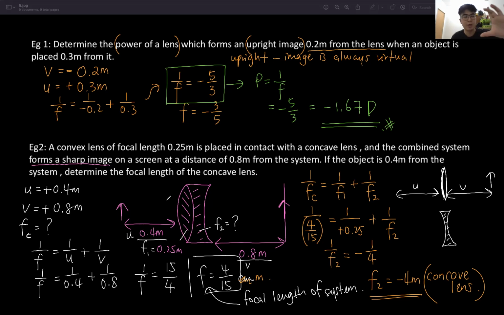You use it with the help of one convex lens. You combine them so that it can form a real, sharp image, and then you can calculate what is the V, what is the U, then you find the focal length of the concave lens.